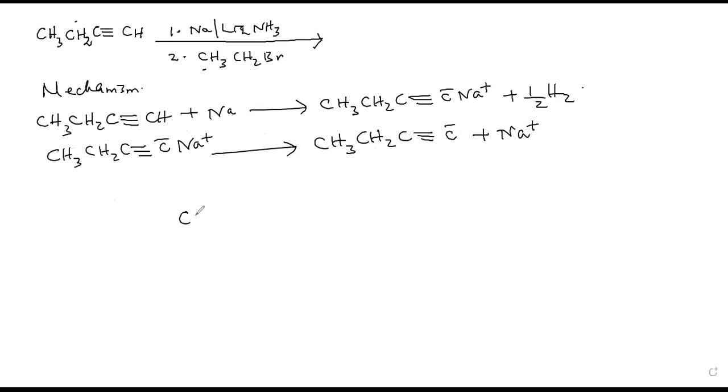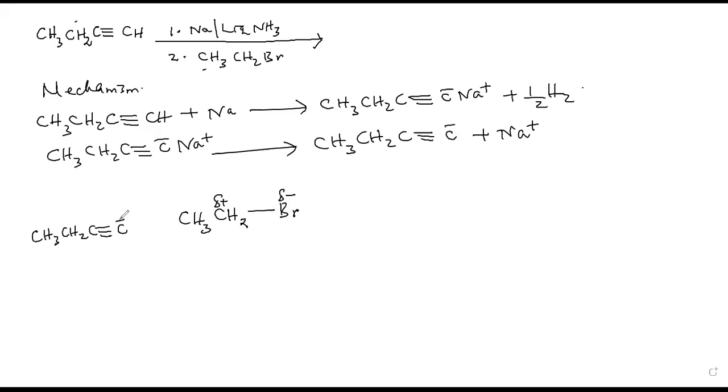So we have our alkyl halide CH3CH2Br. We know that this one has more electronegativity, so it pulls the bonding electrons and becomes negative, and this one becomes positive. So at this spot, you bring your intermediate CH3CH2C≡C⁻.